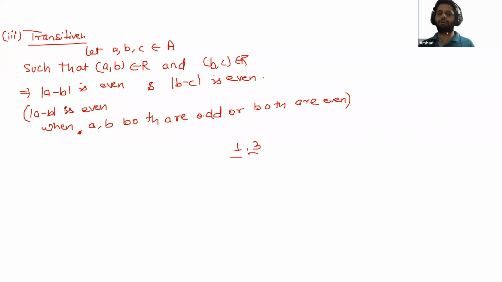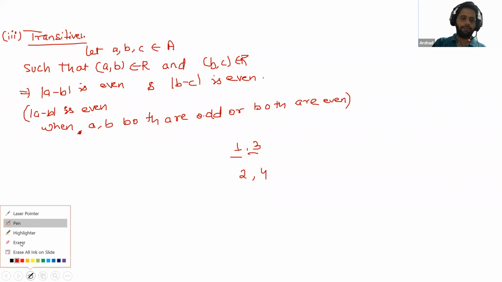If you subtract two odd numbers, then you will get an even number. Similarly, if we take 2 and 4, both are even numbers. If you subtract two even numbers, you get an even number. So what is the condition? The subtraction of two numbers is even when either both are odd or both are even. The same thing which we have written here.